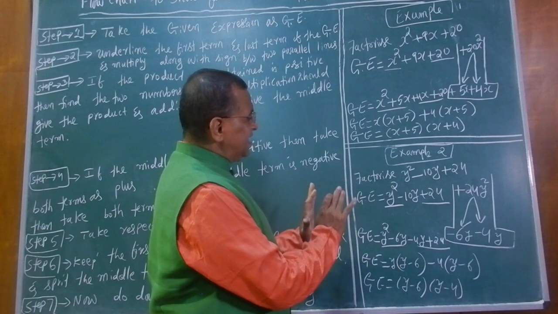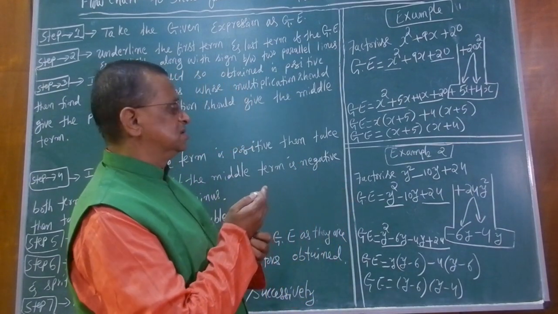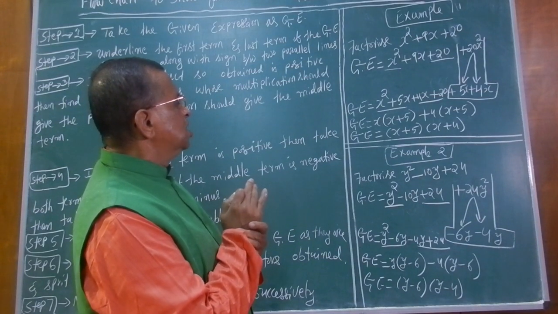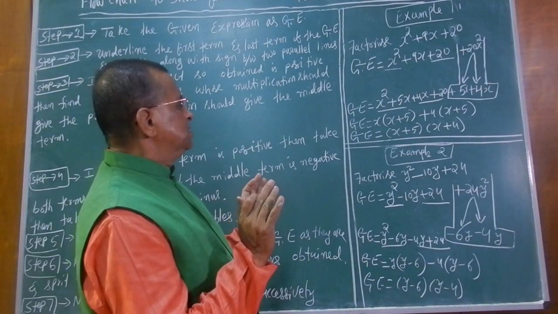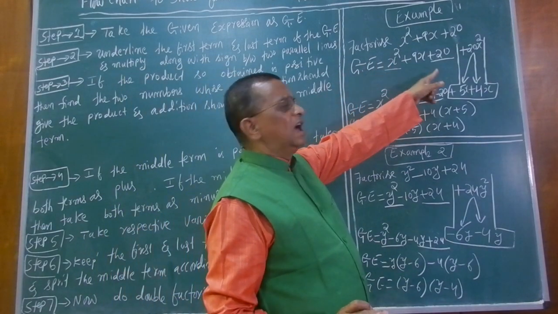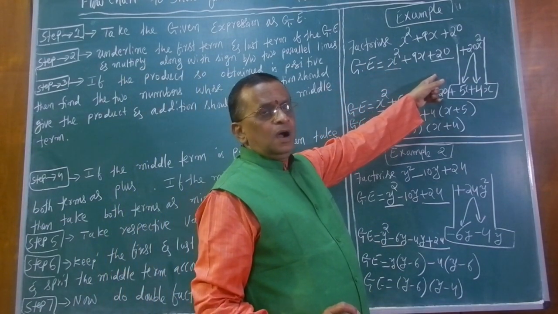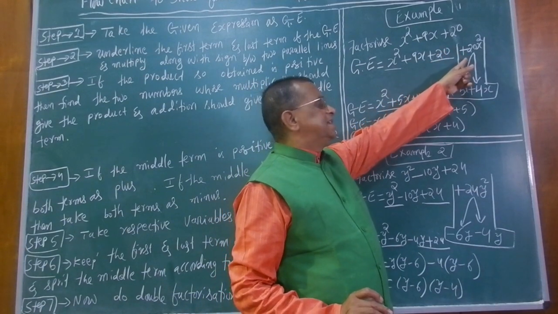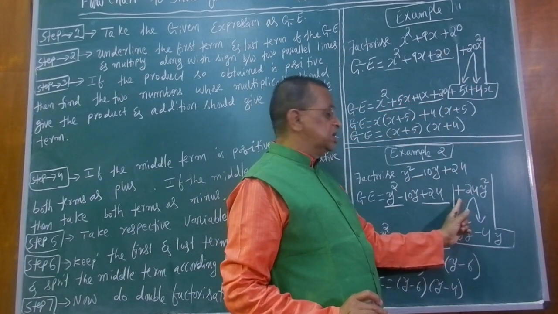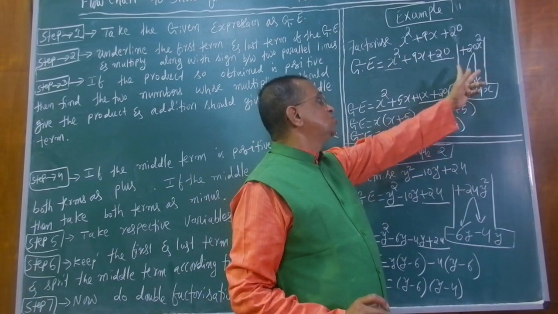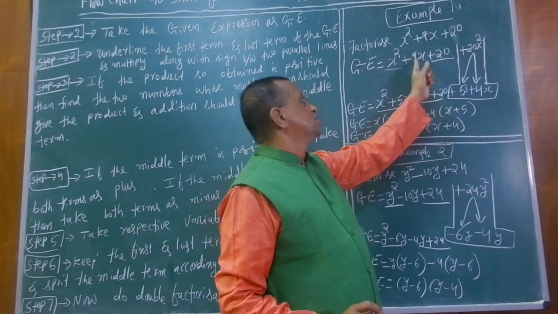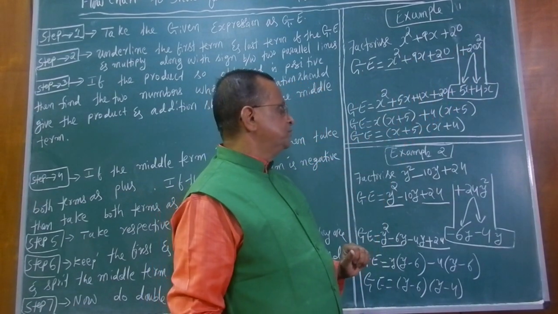So in these two examples, what you have concluded is simple. If we multiply the first term and last term, and if we get the product as a plus only, then we find the two numbers whose multiplication gives the product and addition gives the middle term.